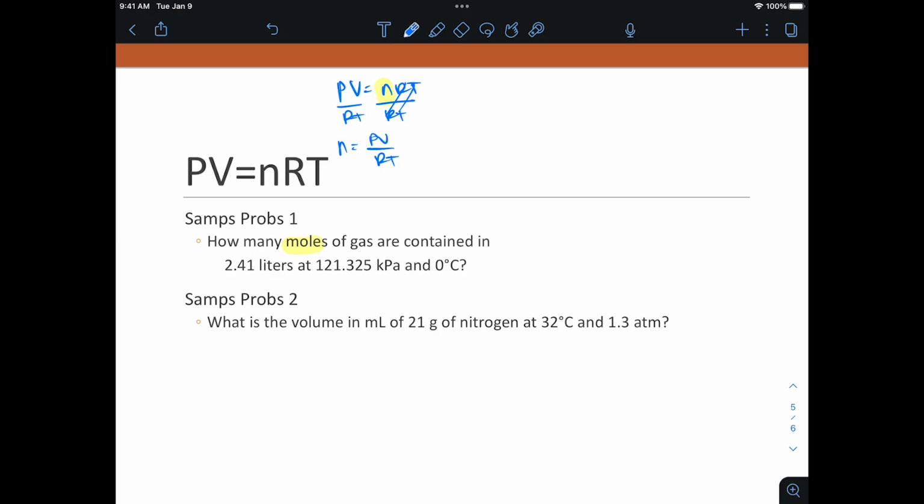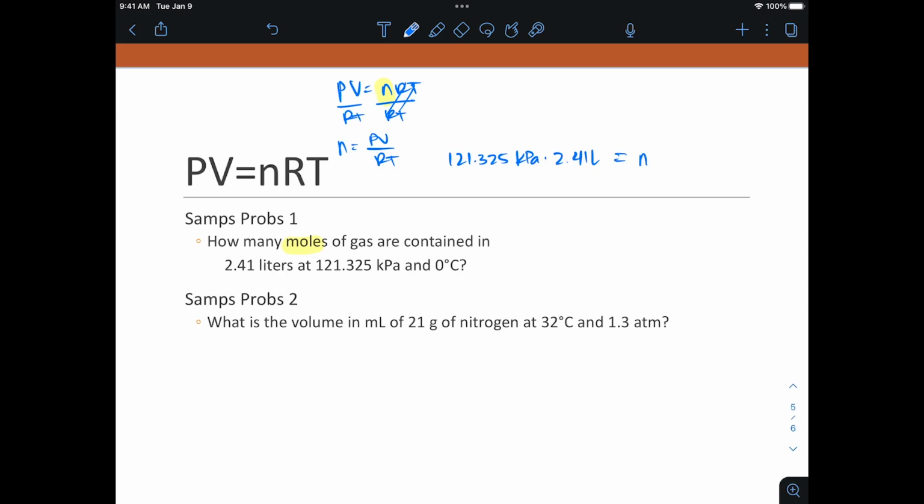But okay, let's do this one the way that I think you might do it, which would be to plug numbers in directly. So we're using PV equals nRT. The pressure is 121.325 kPa. The volume is 2.41 liters. The number of moles is what we're looking for.